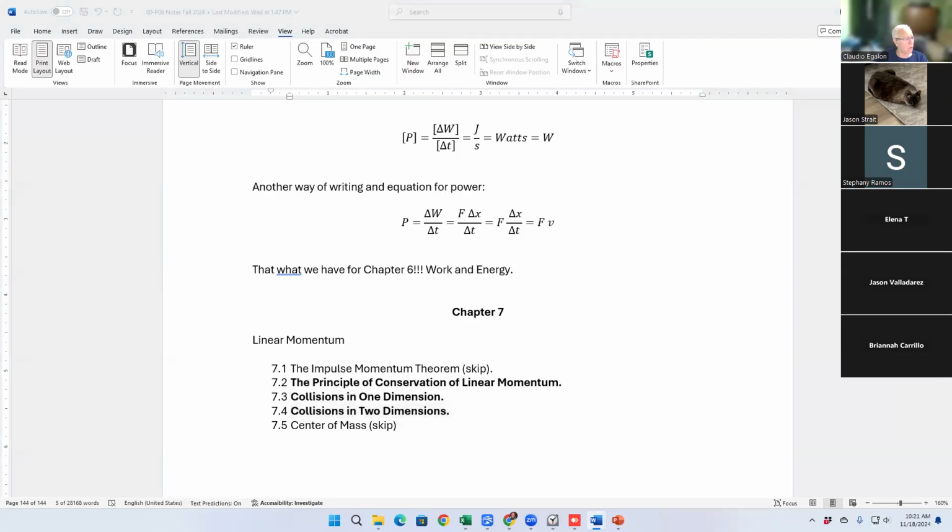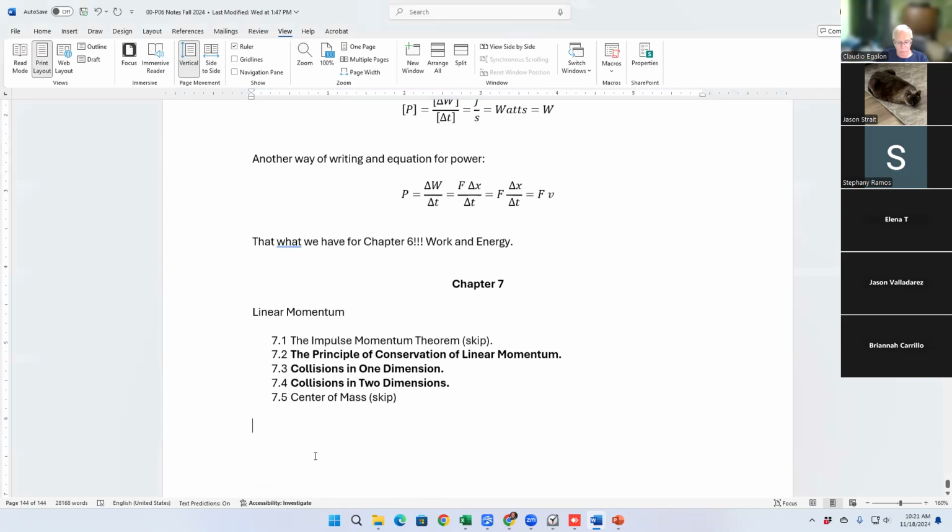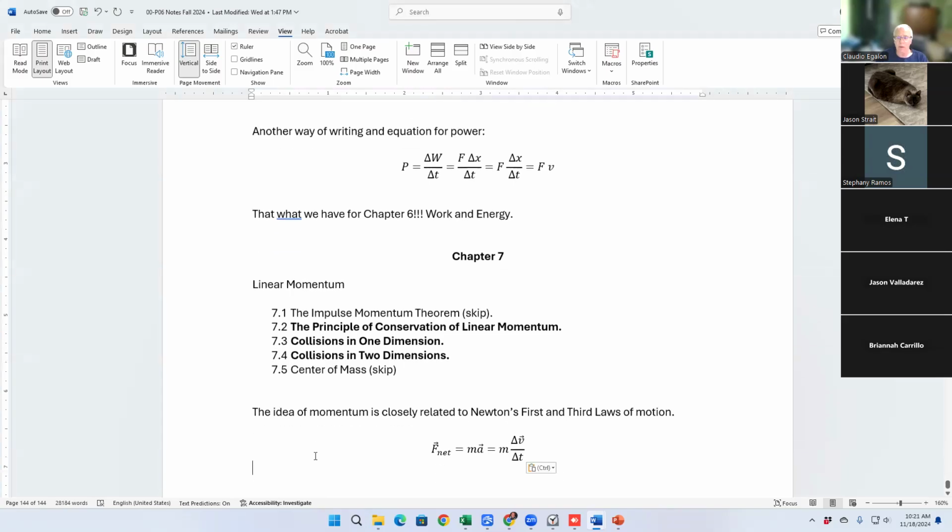What you have to know about linear momentum is that it is a very useful quantity, and it is closely related to Newton's second and third laws. Keep in mind, conservation of momentum is a consequence of Newton's first and third laws of motion.